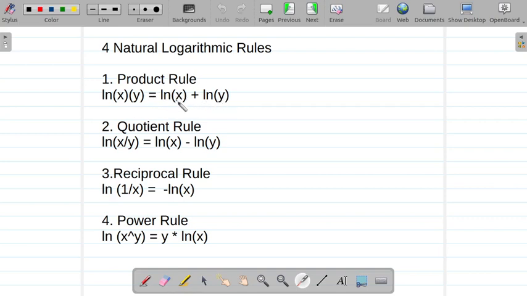So if makakita ka og ln of x plus ln of y, pwede ra na nimo ma-write as ln of x multiplied by y. Then quotient rule is ln of x over y is just equal sa ln of x minus ln of y. Then reciprocal rule is ln of 1 over x is just equal sa negative ln of x. Then the power rule is ln of x to the power of y is just equal sa y multiplied sa ln of x.